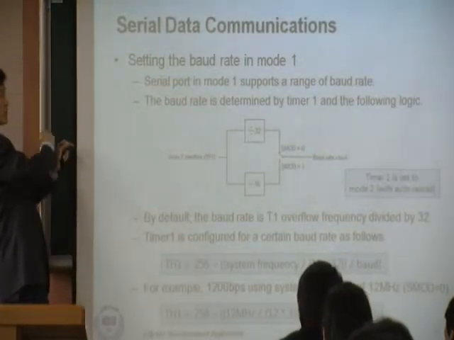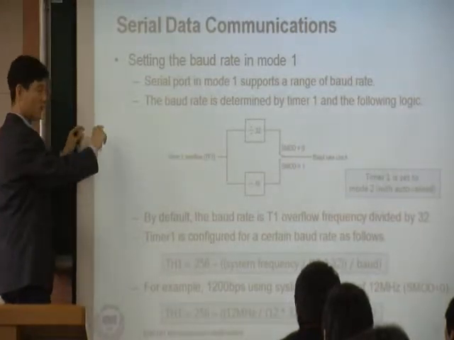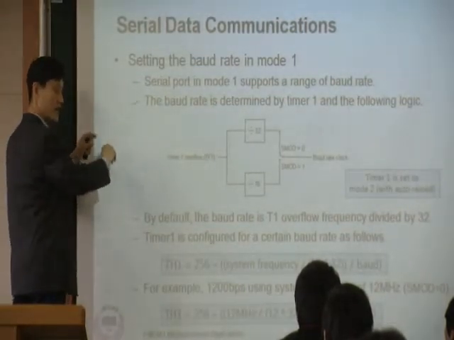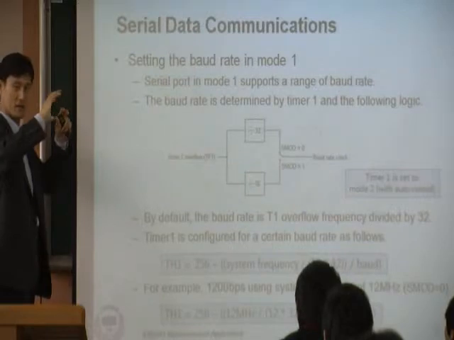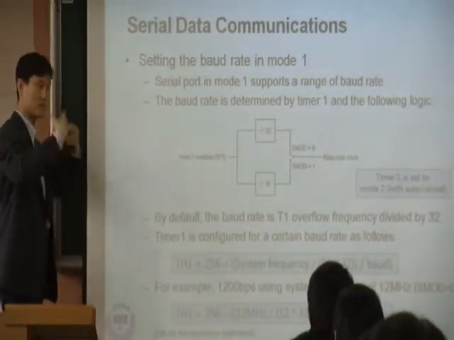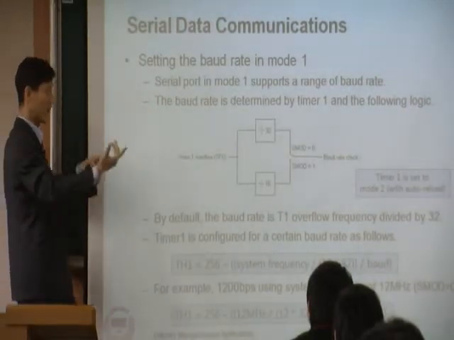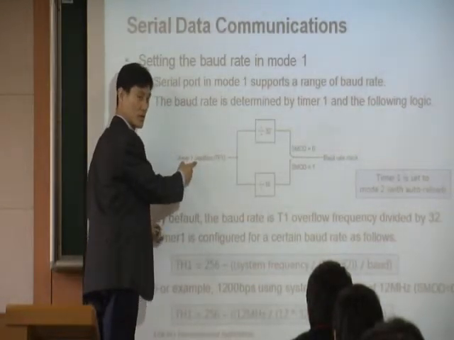As soon as your pulse train comes in, every time you get a pulse, the value inside TH and TL is incremented. And when TH and TL go from all 1s back to 0, you see this overflow.